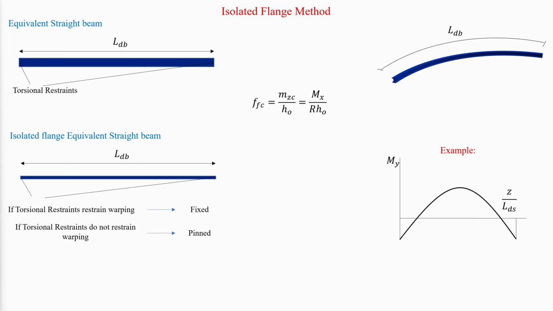The bending strength about the axis of bending for the flange can then be calculated with this equation, where ZF is the plastic modulus of the flange. The maximum moment would then be compared to the calculated strength, and combined actions of flexure and torsion, including second-order effects, should be evaluated.